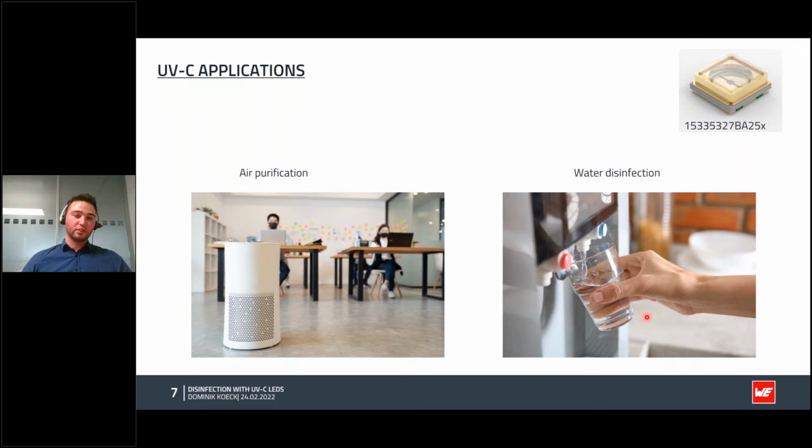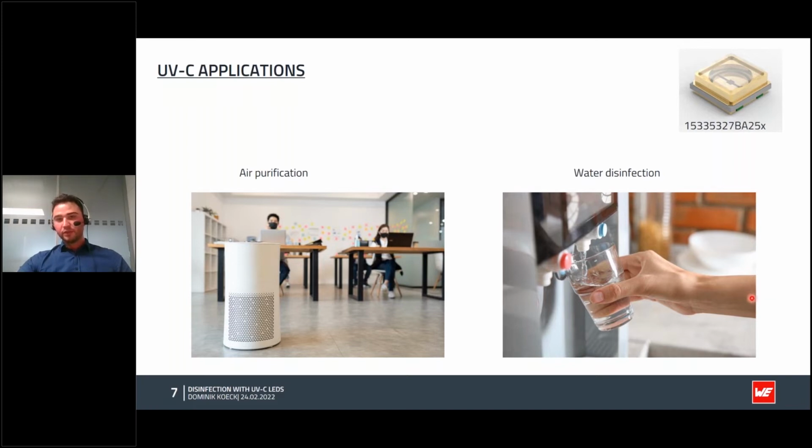The viruses get attached to the filter, and with the UVC light you can kill off the viruses. Then the air coming from the other side of the filter is clean and without living viruses.